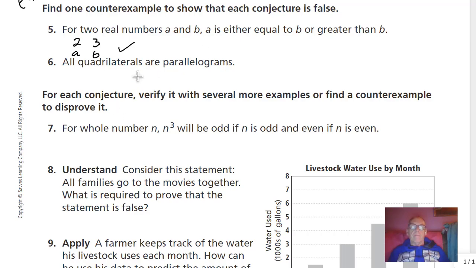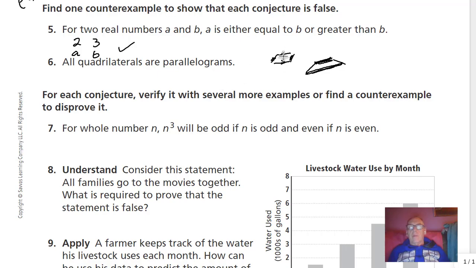So we did that. All quadrilaterals are parallelograms. Now, a quadrilateral is a 4-sided polygon. A parallelogram is a 4-sided polygon where opposite sides are parallel and opposite sides are congruent to each other. So what about a trapezoid? It looks like this. A trapezoid has one pair of parallel sides, but not all the sides are parallel.